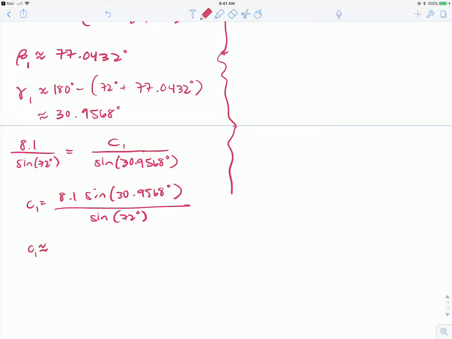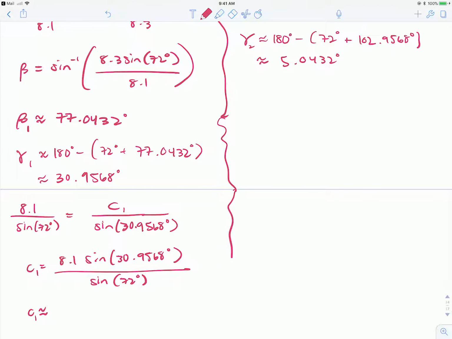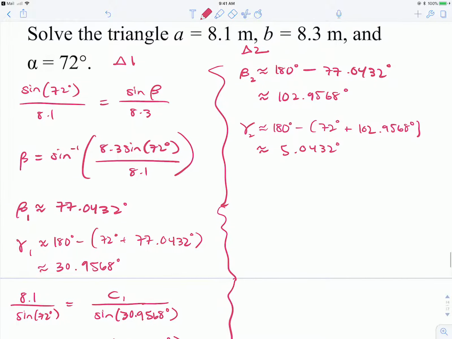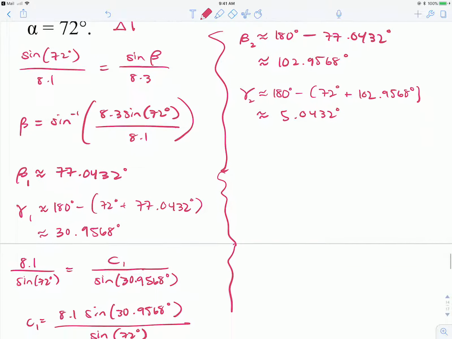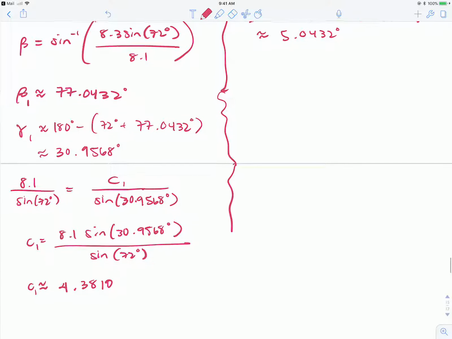Sorry, I think I typed something in wrong. You get 4.3810. Didn't seem right.